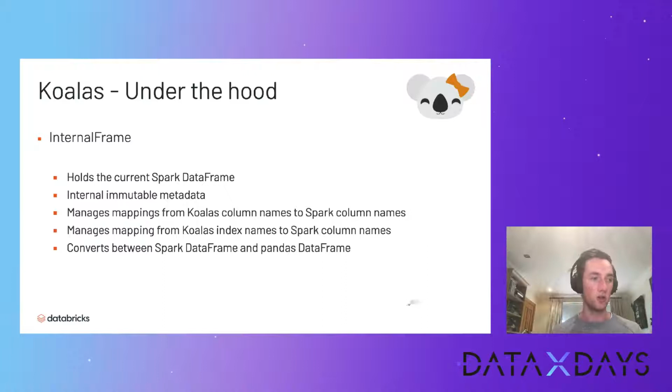So essentially, under the hood, to recreate that index, we have an additional column in that Spark data frame that acts in effect as the index for the Koalas data frame.